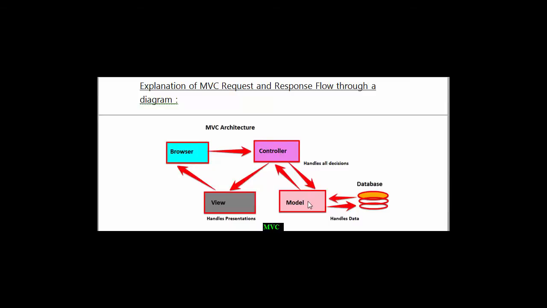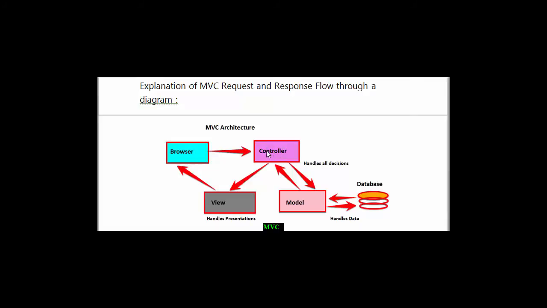The model will perform all database related operations in order to store or fetch certain data from the database. Further, the model returns the data back to the controller, or it may also return the response in the form of true or false or success or fail.